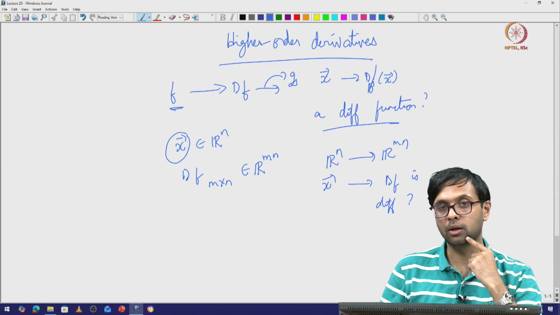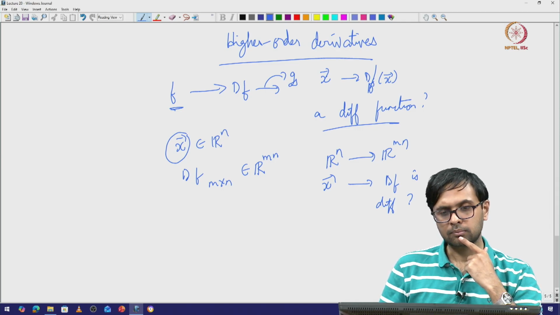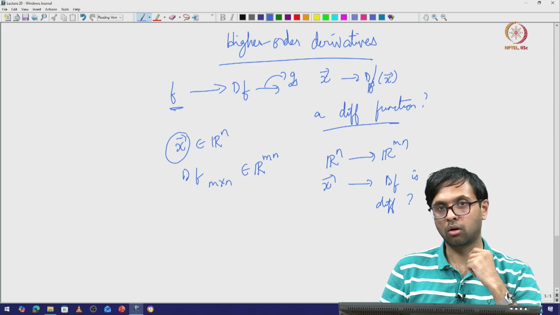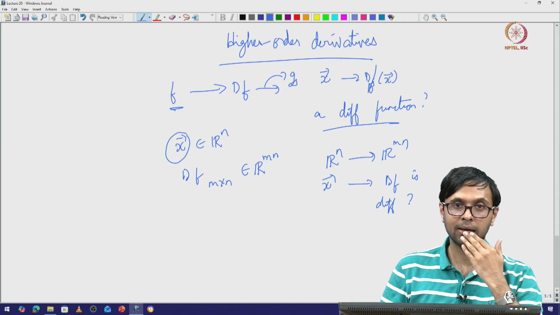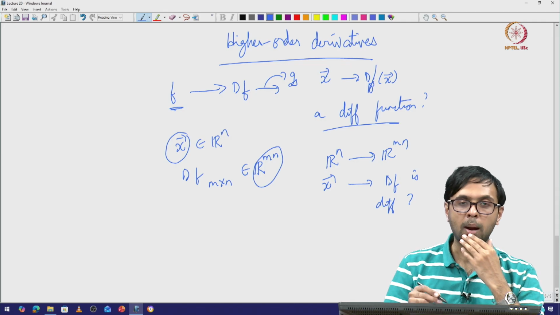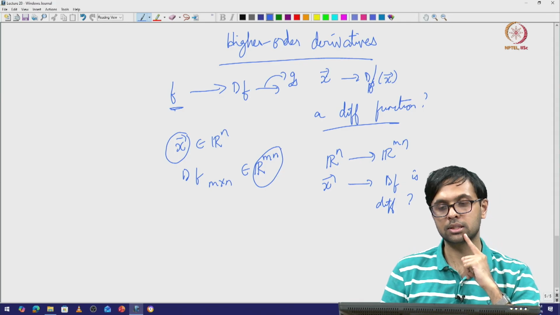Otherwise, how can you take two derivatives, right? Thirdly, if you take df of x, the image of this function in Rmn must contain a neighborhood of df of x.